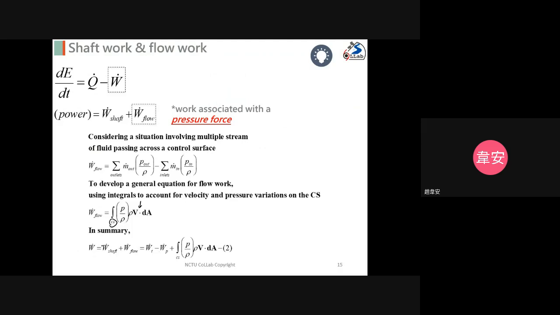So finally, we know that the work rate includes the shaft work rate and the flow work rate, and the shaft work rate is equal to the turbine work minus the pump work, plus the control surface integration of the energy flow rate. So this is our equation 2.